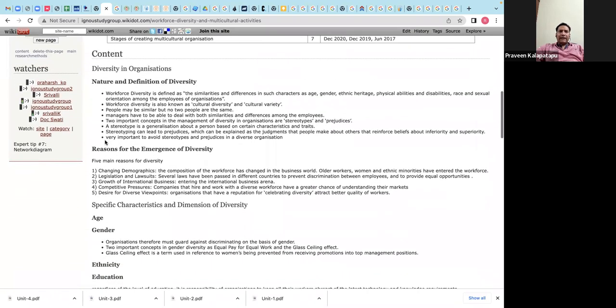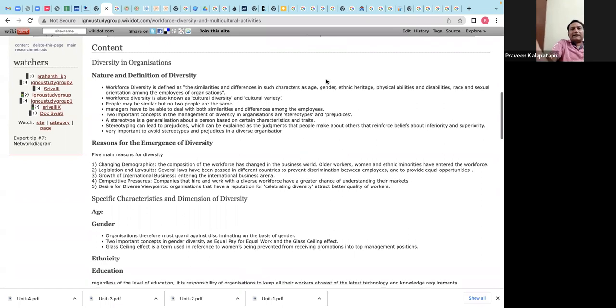Like any other topic, when it starts with diversity, it starts with the definition of diversity, right? So basically, what is diversity? Diversity is the similarities and differences in characteristics or age. If you have a team that has multiple similarities and also differences, that is actually a diverse team.